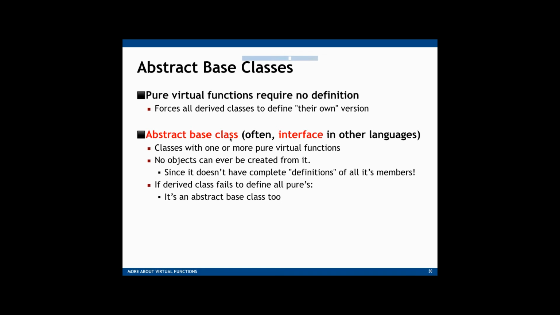The derived class must override and provide the definitions of all the pure virtual functions. Otherwise, the derived class will itself be an abstract class as well. If the derived class does provide definitions for all pure virtual functions, then the derived class is not an abstract class anymore, so you can create objects of that class.